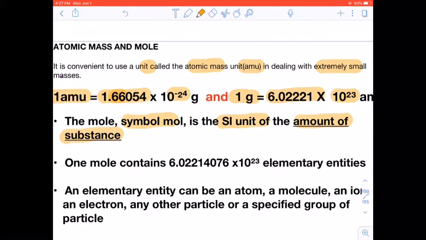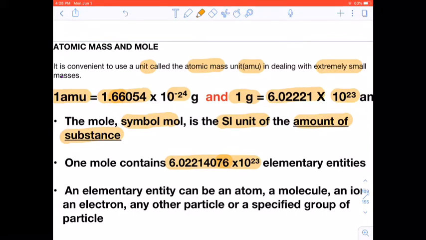And so, 1 mole contains, this is now the Avogadro's constant, which says that 1 mole contains 6.0221407 times 10 to the 23 elementary entities. That's a fixed number, and that's an exact number.